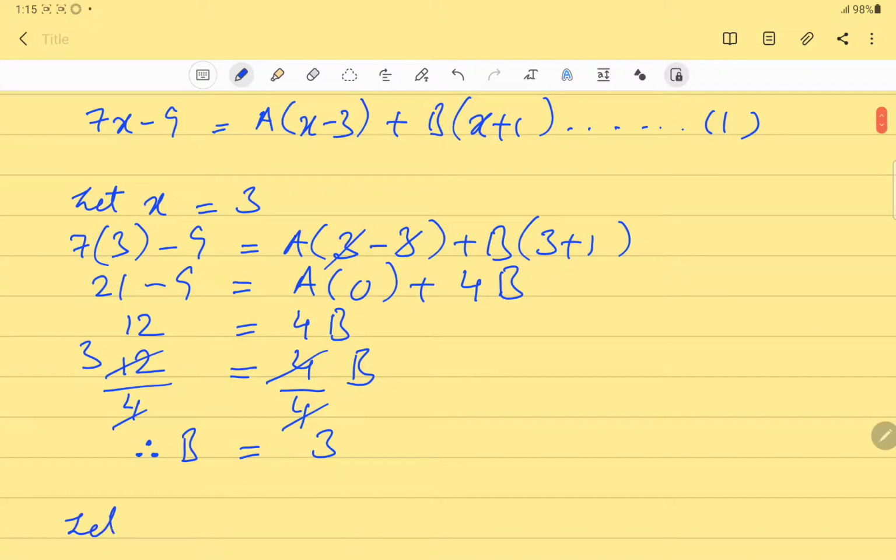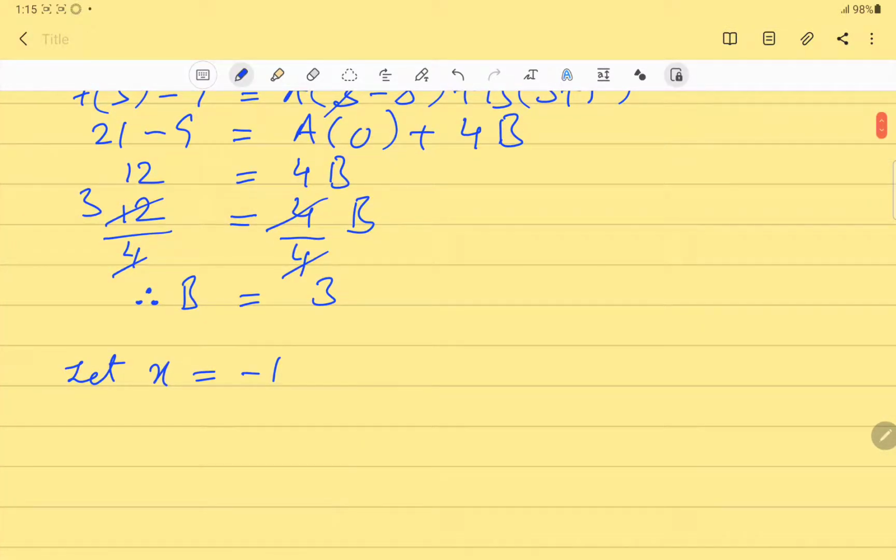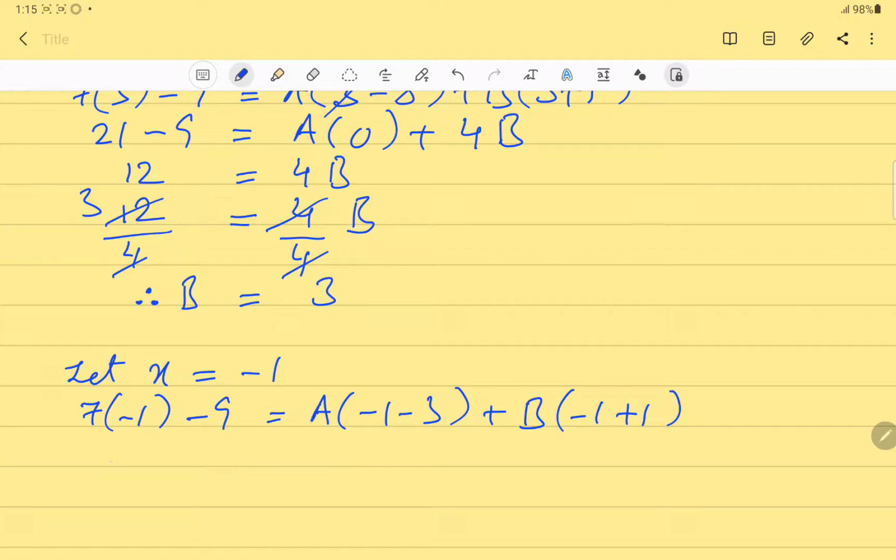Now we will assume x is equal to minus 1. In that case, after we put the value of x into equation number 1, it will look like 7 into minus 1 minus 9 is equal to a into (minus 1 minus 3) plus b into (minus 1 plus 1). 7 into minus 1 is minus 7.